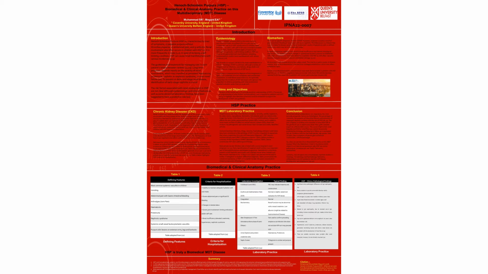The etiology of HSP is actually unknown to an extent, although a variety of antigens such as infections, vaccinations, drugs, foods, and insect bites can trigger the onset of HSP.